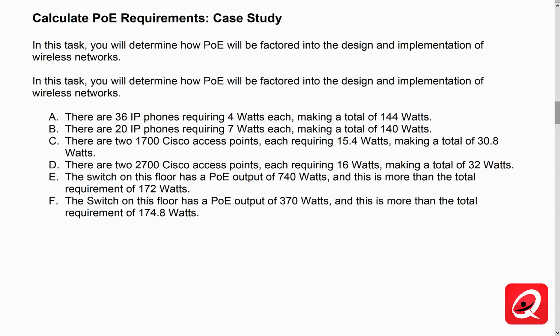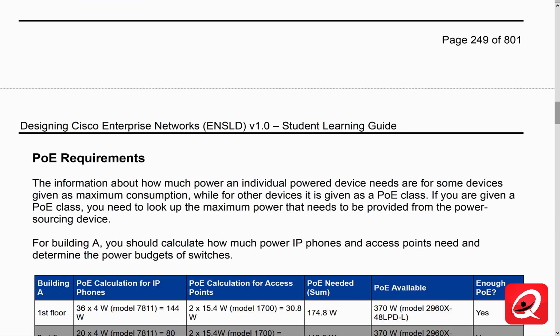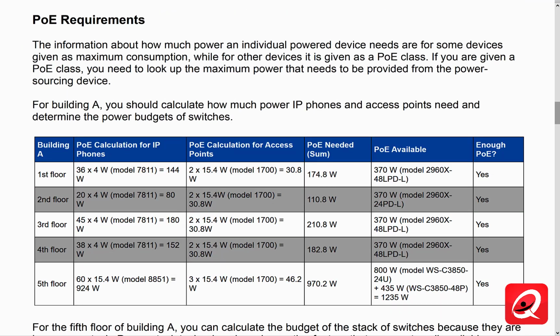I was trying to add up all the power, and it looks like A and B are split between 2 switches, and C and D are split between 2 switches. Because if you add up the total, it is over 300 and something watts, and that's what they're saying here. 172 watts for one switch and 174.8 watts for the other switch. Didn't really describe that very well, but that's okay.